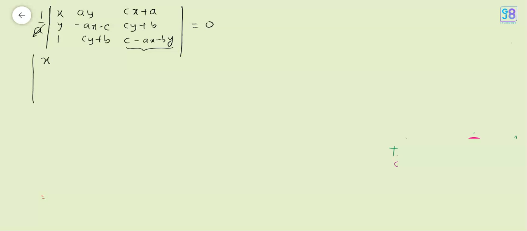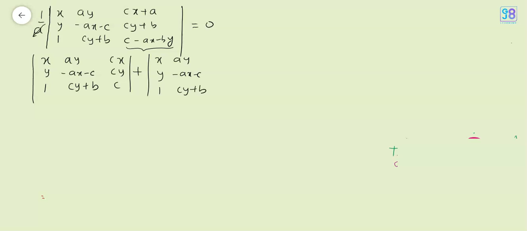So this will now split into two determinants as x, y, 1, ay minus ax minus c, cy plus b, cx, cy, c plus x, y, 1, ay minus ax minus c, cy plus b, a, b minus ax minus by equals to 0. So we'll treat it in a similar way. So I'll just remove this c common from here, and then this column and this column will become identical, so even this will vanish. So finally we'll be just left with this determinant.